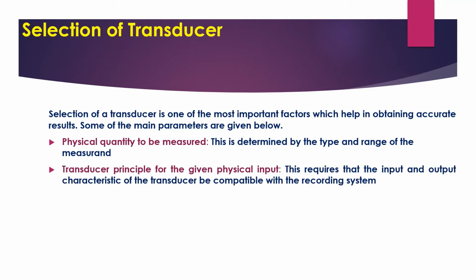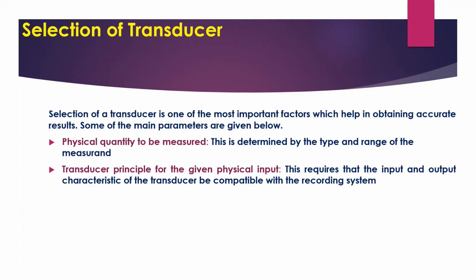The second one is transducer's principle for the given physical input. That means when we measure a non-electrical quantity, the output of the sensing element should be compatible with the recording system. That is what it says. This requires that the input and output characteristics of the transducer be compatible with the recording system.